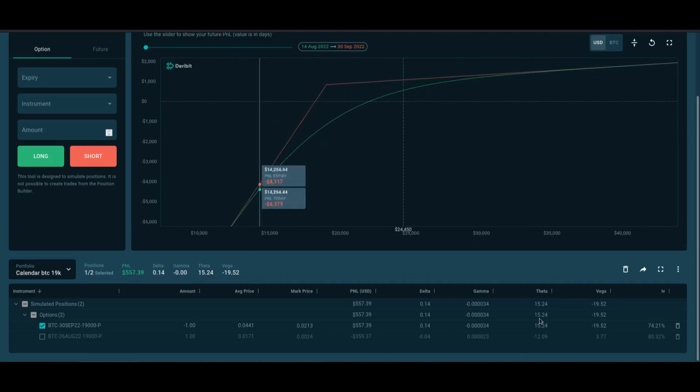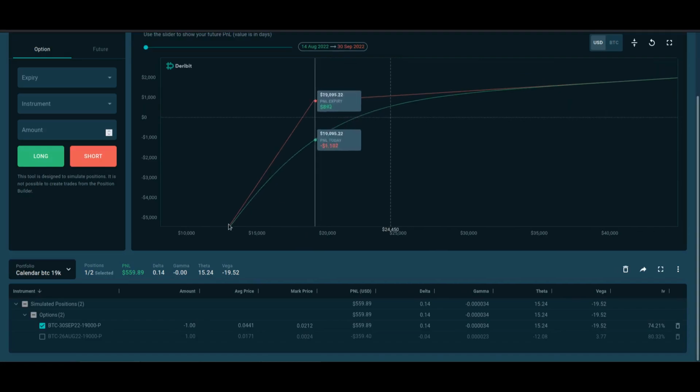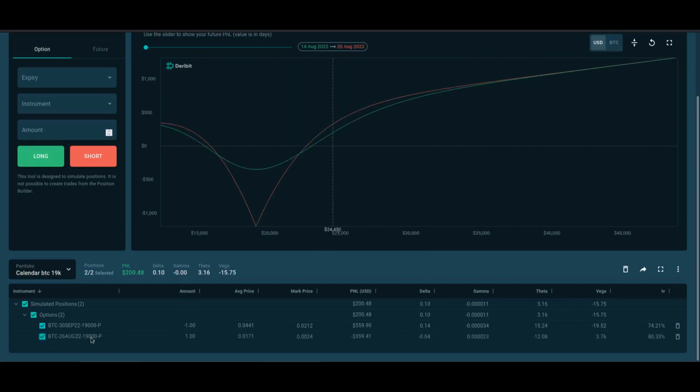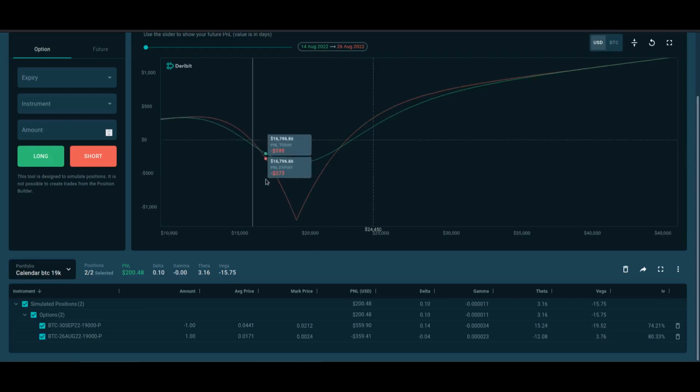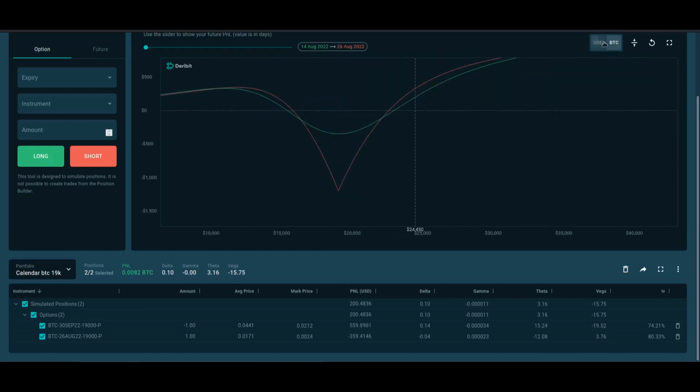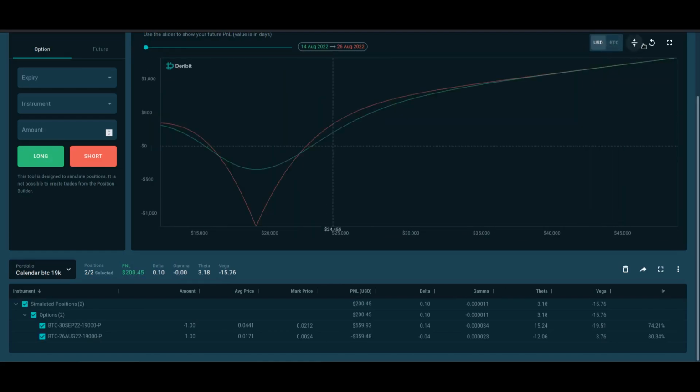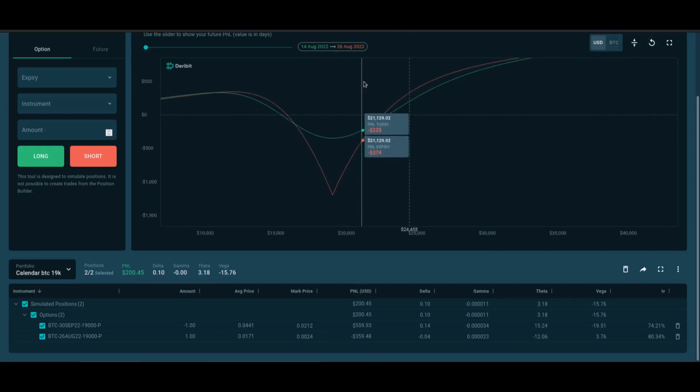If we just sell the put without any covering, we have unrestricted losses in case the price goes down. So to hedge this, we have to buy the same strike. Okay, something like this.